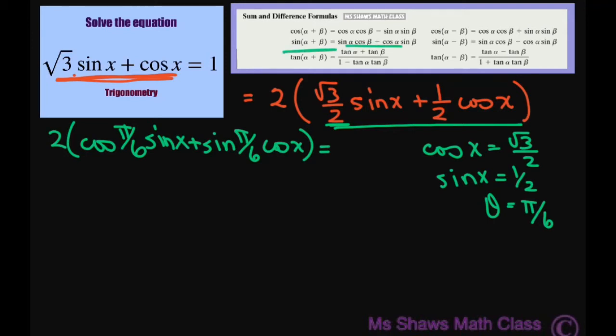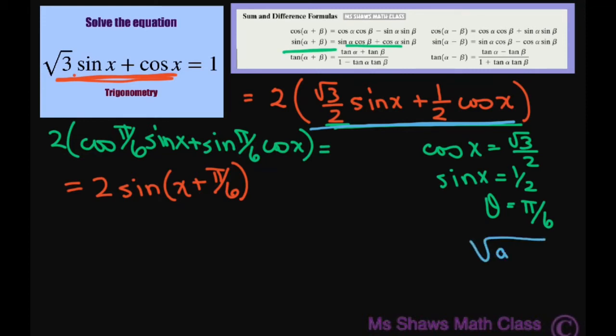So that equals 2 sine of x plus pi divided by 6. All right. So that happens with these linear things if you haven't solved those. And that's just the formula. Basically you're just taking the square root of a squared plus b squared and you're dividing.